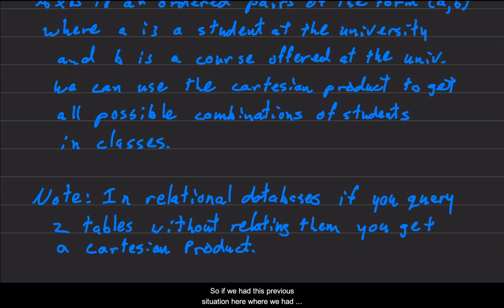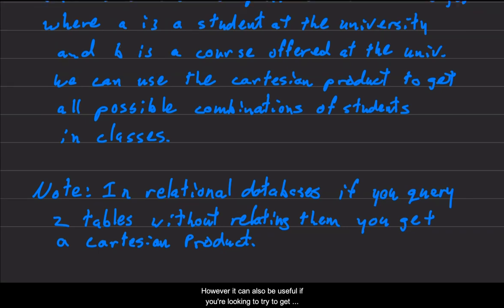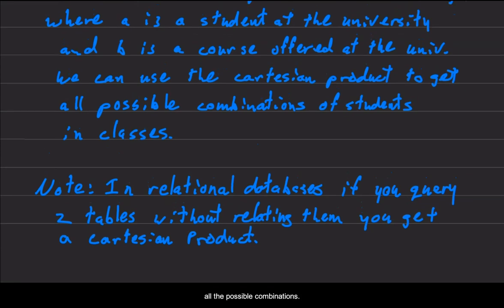So if we had this previous situation here, where we had students at the university and courses offered at the university, and we ran a query on the students table and the courses table without relating which students went with which course, we would get a Cartesian product. That would be all possible combinations of all students together with all courses. And that's a common error in database work. However, it can also be useful if you're looking to try to get all of the possible combinations.